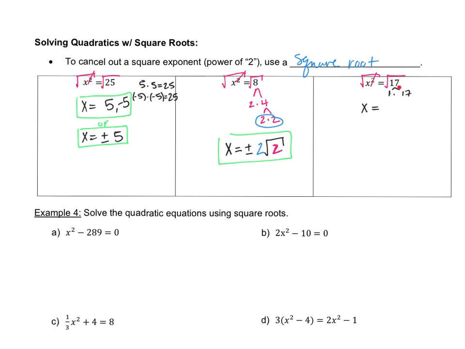Because 17 doesn't break down into anything that we can pull out as a pair, like here we have a pair of prime numbers, we're going to have to keep it under the root because it doesn't factor down to anything else. So this is going to be the square root of 17, but let's make sure we put a plus and minus sign in front. So every square root is going to need a positive and a negative sign.